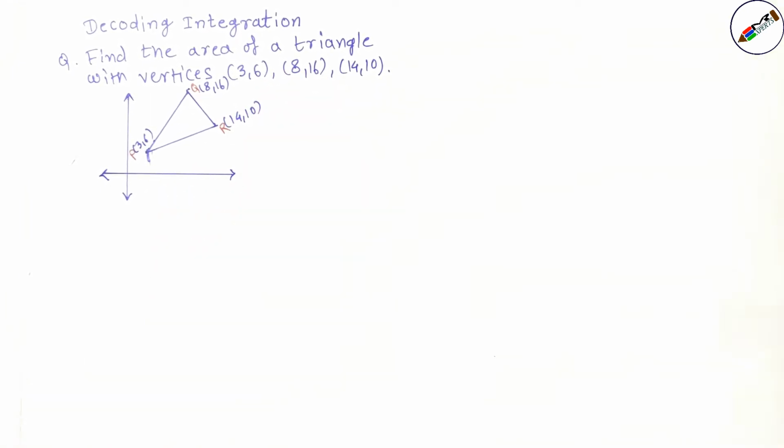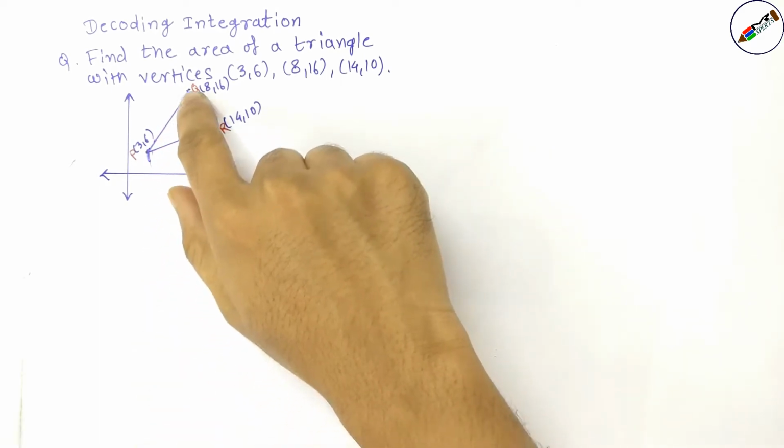As we have seen in the basics video, how to calculate the area under a curve using integration, that was A is equal to integration of y dx from its lower bound to upper bound. Here let us first calculate the area under the line segment PQ. PQ is one of the sides of the triangle.